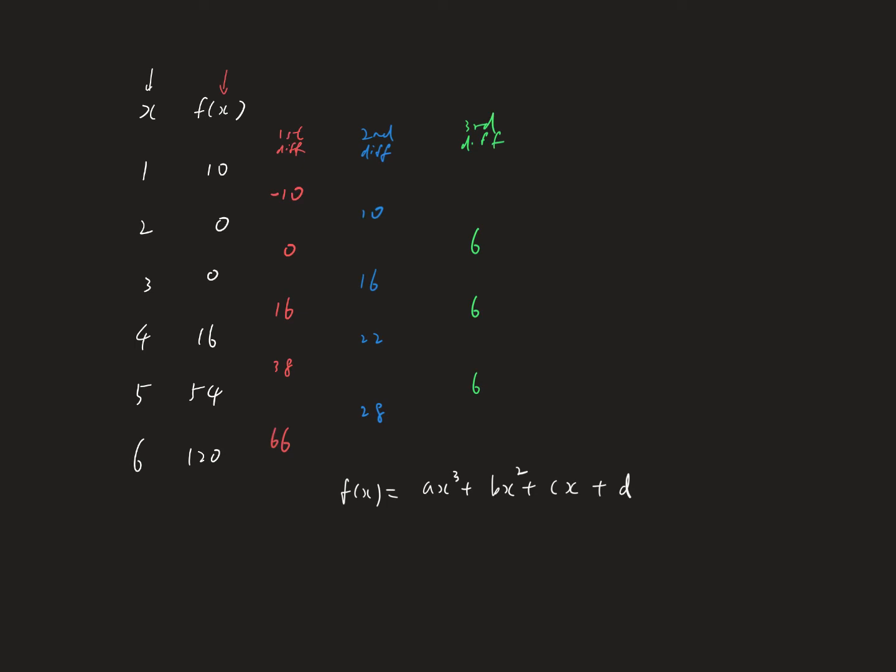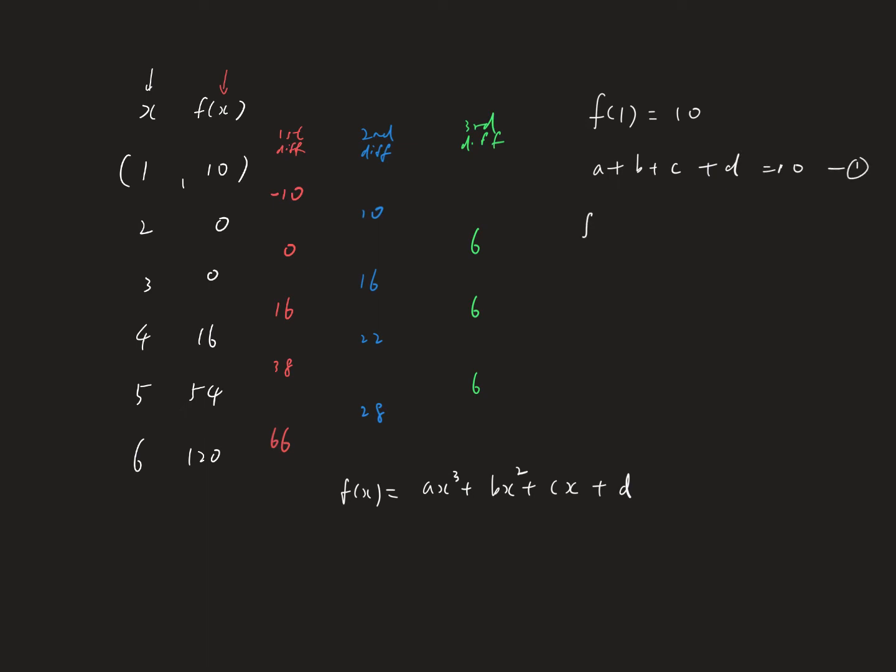The last thing is we're calculating, for example, the first term should be 10, and therefore we have f(1) equals 10. In which we have a plus b plus c plus d equals 10, which is the first equation.